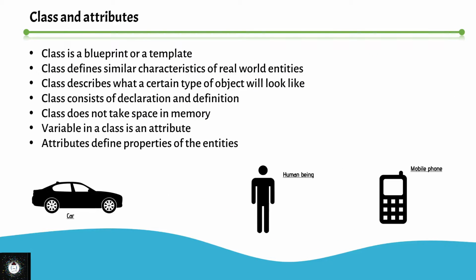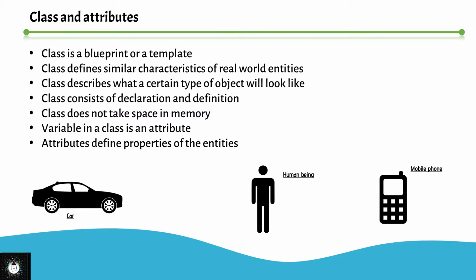A class is a template, or simply a blueprint, and it holds some of the characteristics of real world objects, and it describes what a certain type of object will look like.